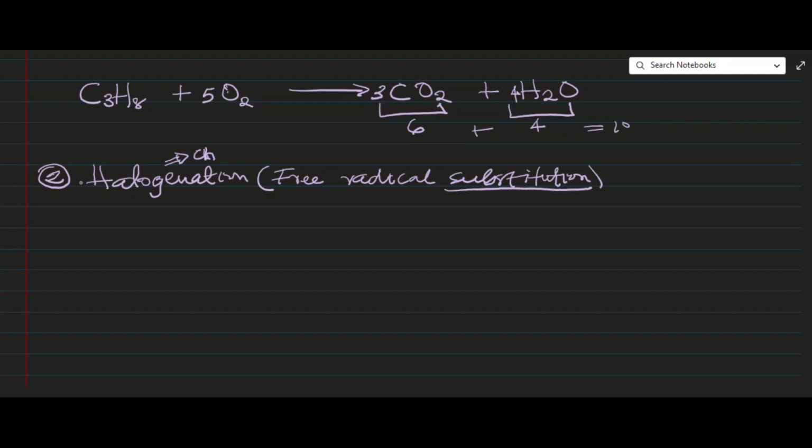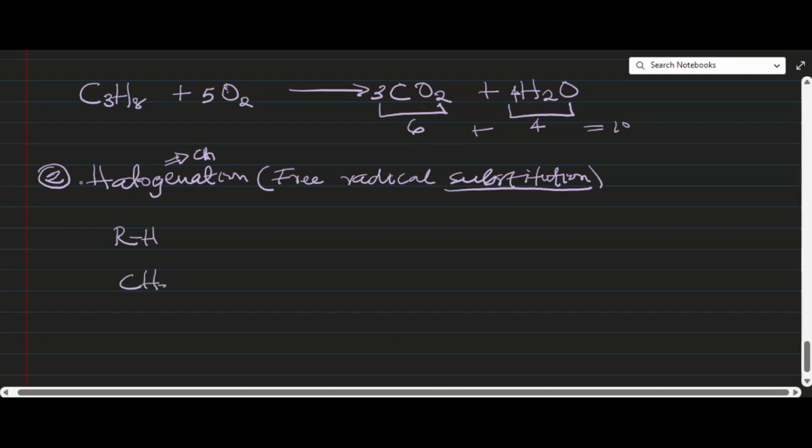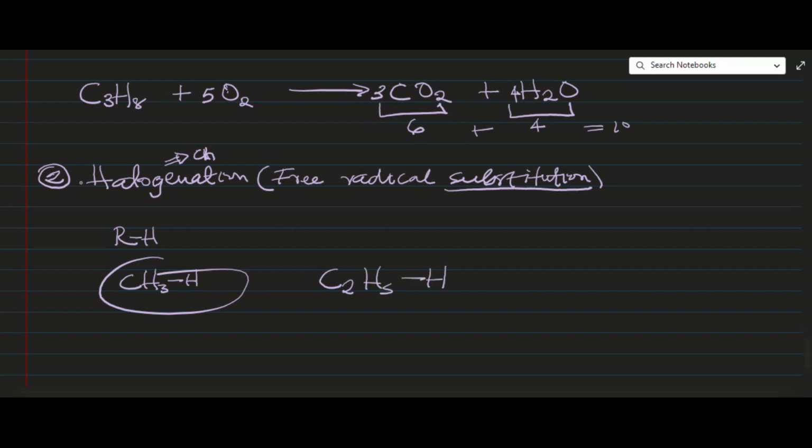So we have RH. That is our alkane. So remember, R is an alkyl group, like CH3 or C2H5. If you have CH3 bonded to H, that is invariably CH4. Or you have C2H5 bonded to H, that is C2H6.